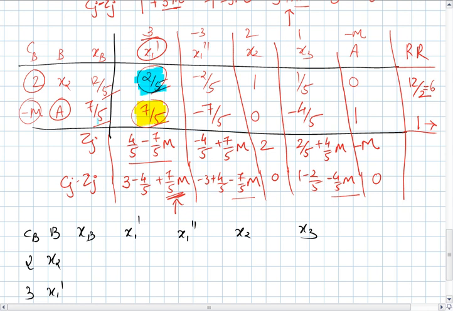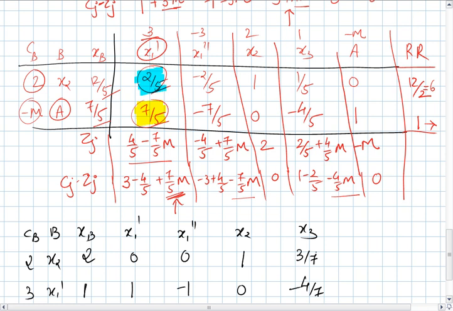So all you have to do is divide this by 7 by 5. So here you have value 1, here 1, here minus 1, 0, and minus 4 by 5 by 7 by 5, so minus 4 by 7. Then to make this entry 0, we multiply this row by 2 by 5 and subtract from here. So you have values 2, 0, 0, 1, 3 by 7.